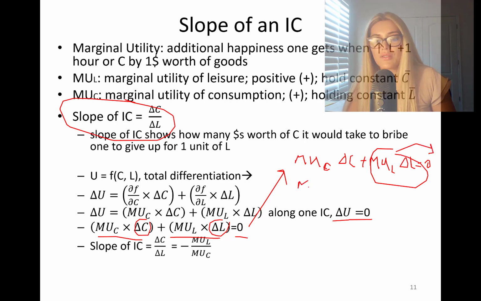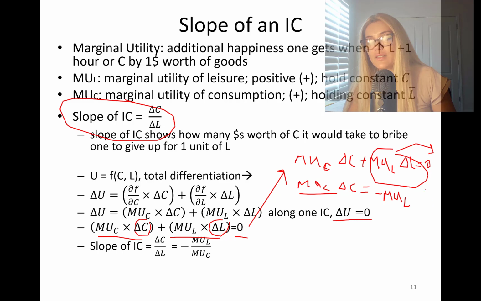I am going to send this term to the other side of the equality. So you have marginal utility of consumption times delta C equals negative marginal utility of leisure times delta L. So I want to divide everything by marginal utility of consumption and delta L, because I'm trying to get delta C over delta L on the left hand side. So these cancel out.